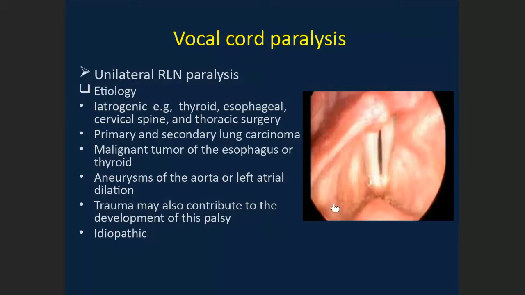Now we will have vocal cord paralysis. We have unilateral recurrent laryngeal nerve paralysis or bilateral recurrent laryngeal nerve paralysis. Unilateral means only one vocal cord is paralyzed.